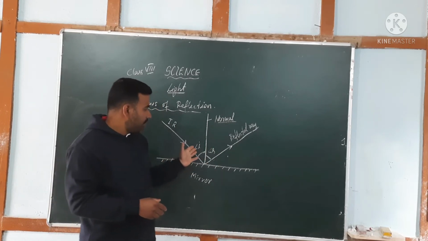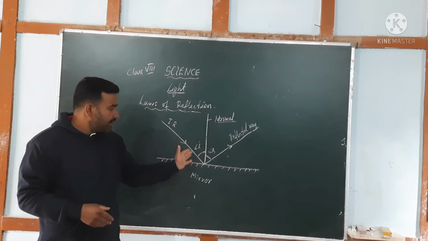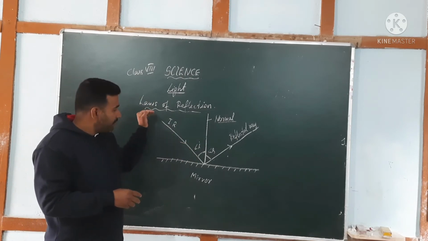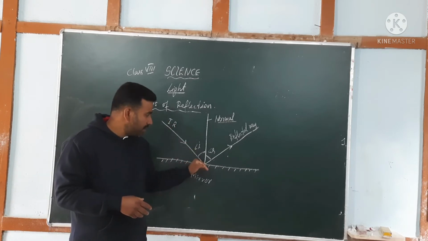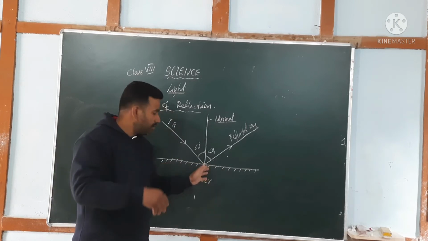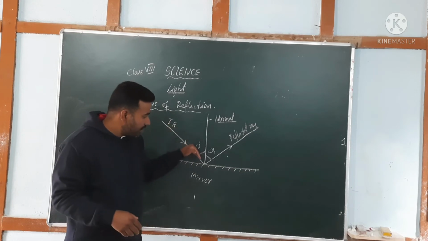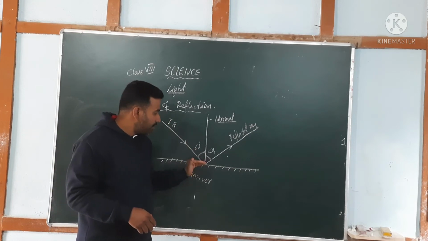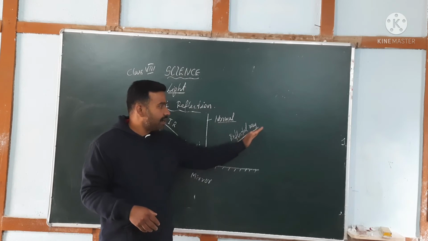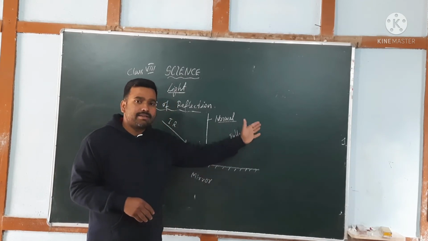So listen once more. The incident ray, that is the ray of light that is falling towards the mirror, after striking the mirror, will bounce back or get reflected. So this is the path of the incident ray. Then after striking the mirror, it will reflect along this direction. So we can see that the direction is getting changed.